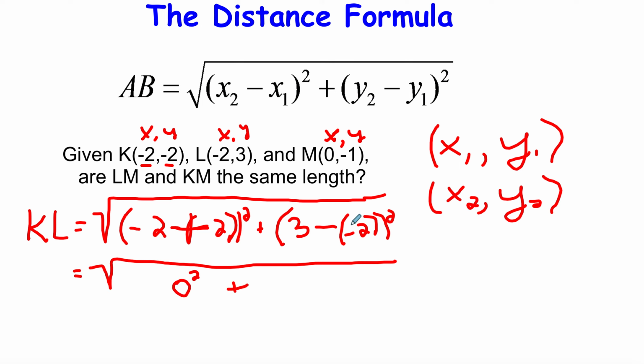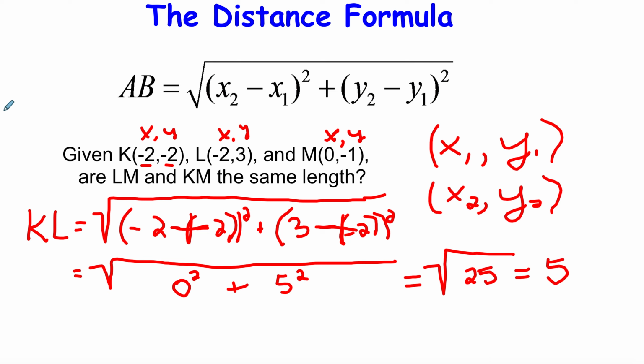Plus 3 minus -2, once again, we're subtracting a negative number, so that just becomes 3 plus 2, which is 5, 5 squared. Okay, so overall, if I simplify this, I have the square root of 0 squared plus 5 squared. 0 squared is 0. 5 squared is 25. So 0 plus 25 is the square root of 25, which is 5.